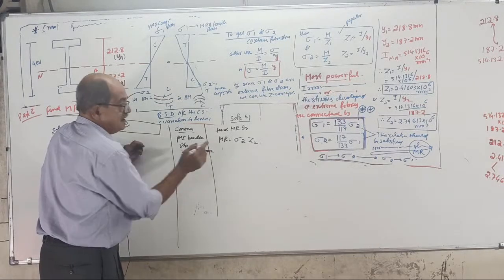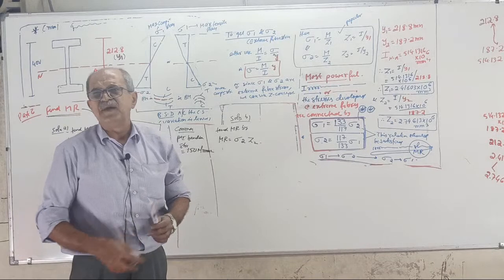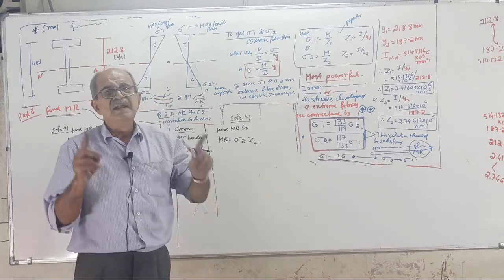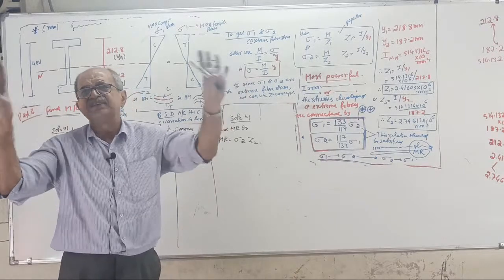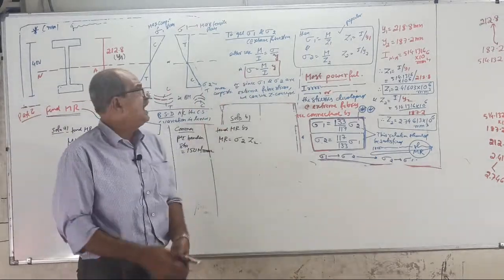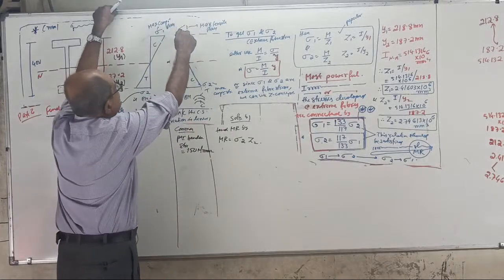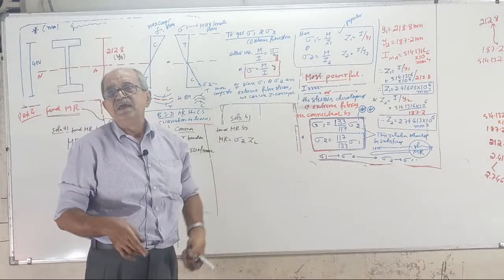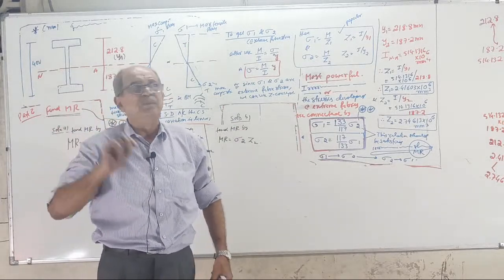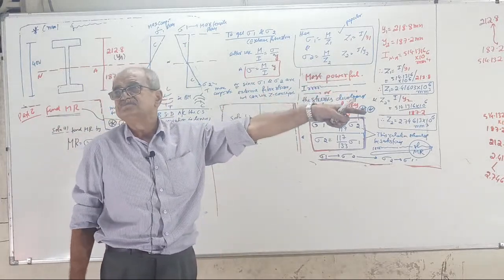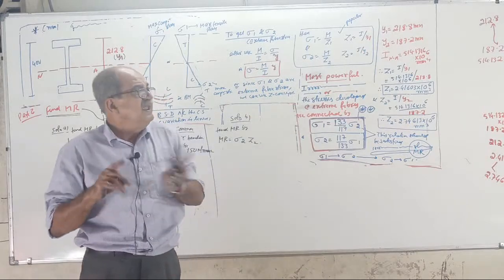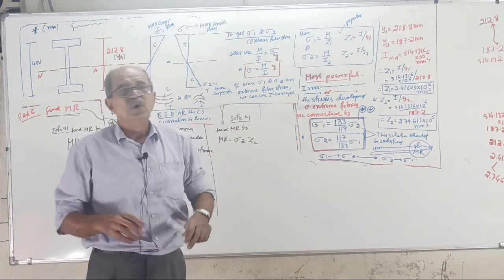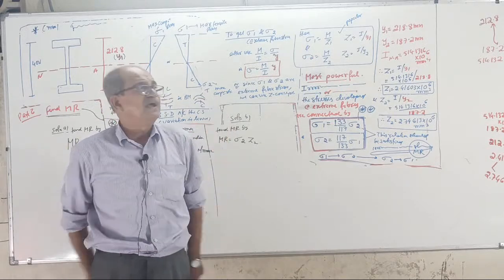Means, they are not bothered about tension or compression. They told bending stress should not exceed 150. Means what? Neither at the top fiber nor at the bottom fiber should it exceed 150. Like, neither the AC room bill nor what? No, not that way. Neither here nor there should it exceed 150.